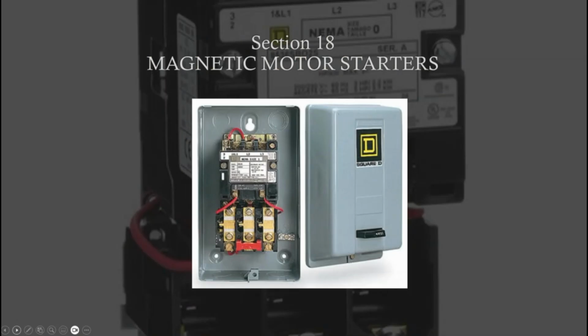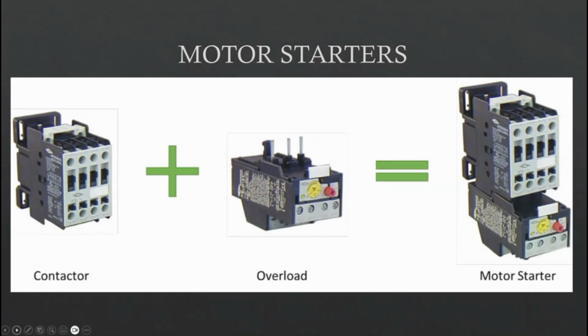Section 18, magnetic motor starters. So first of all, let's talk about what a motor starter is. On the screen here, you see three pictures. The first one is a contactor plus a set of overloads. When you connect both of those together, screw them both together, on the right you see what is a motor starter.